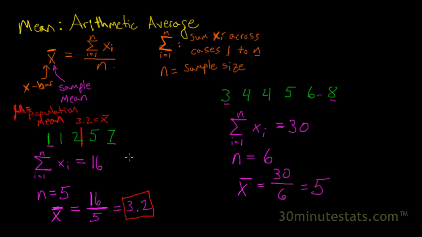So we know now that the average for this sample of data is going to be 5, right here. And so 5 equals the sample mean. This is an example of how to calculate the arithmetic average, or the mean, for a sample of data when you have an array.